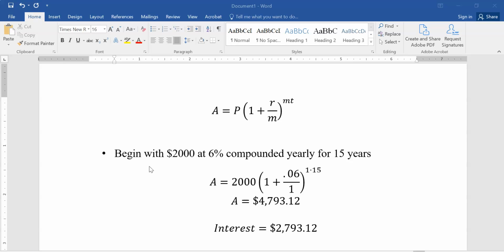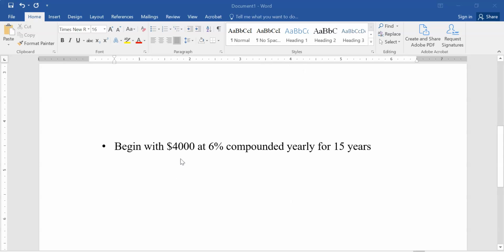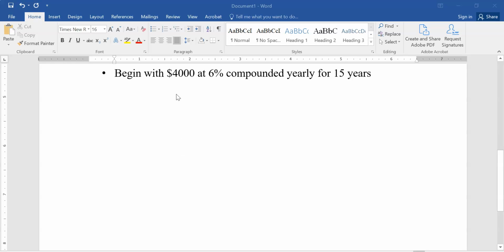We may also do this with a doubled principal. So we're going to do this when I begin with $4,000 at 6% interest compounded yearly for 15 years.